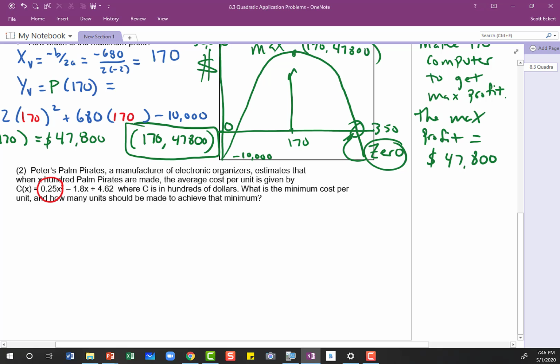The parabola A equals positive 0.25, which means the parabola is going up, which means the vertex is at the bottom. So the smallest cost is at the vertex.